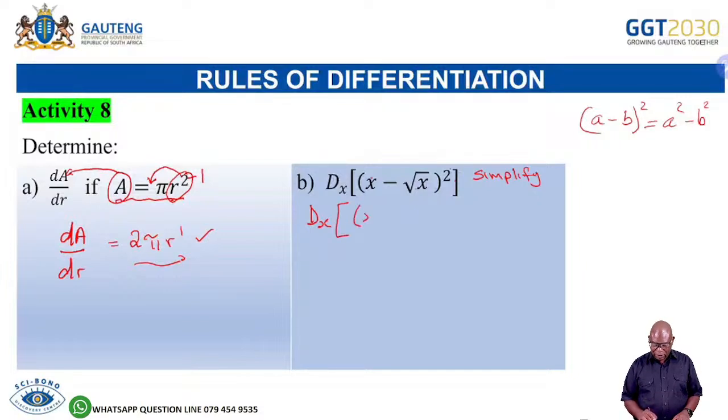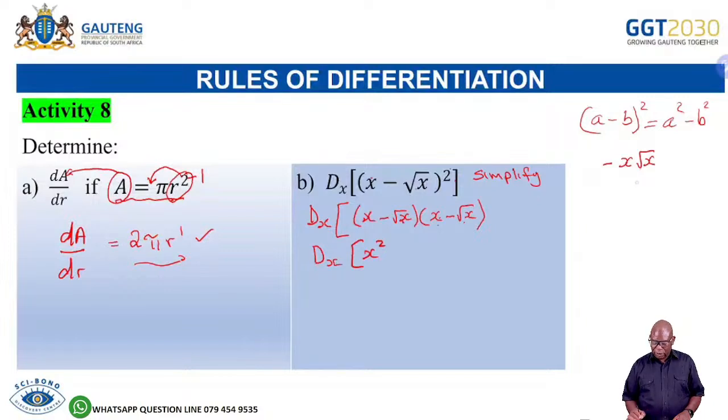In other words, I must have x minus square root of x multiplied by x minus square root of x. So I must split this because it's squared, so it's 2 of them. Then I'm still simplifying. That's why I'm keeping my dx. X times x is x squared. X times this is negative x times square root of x.